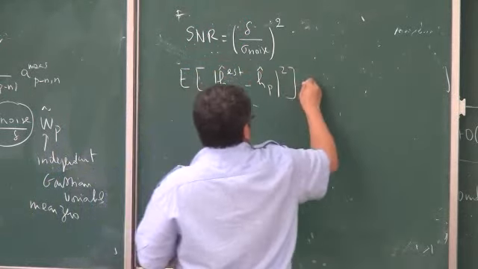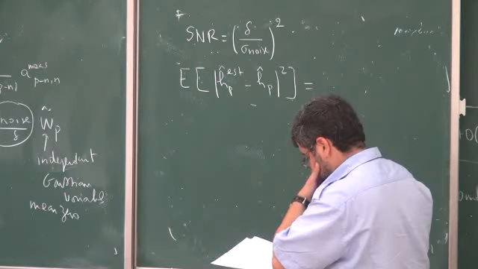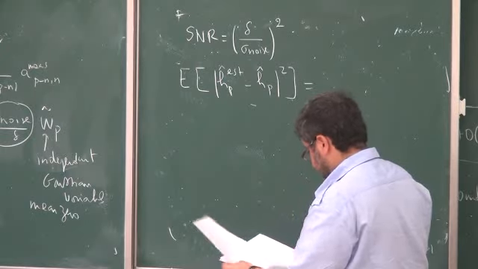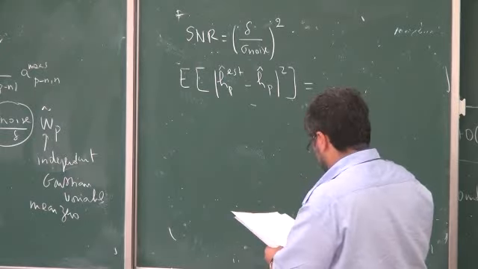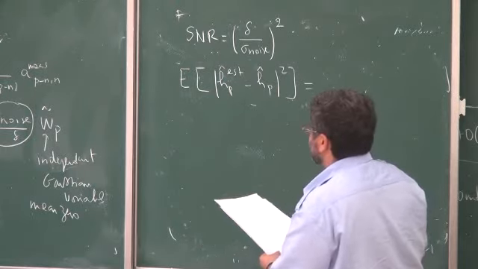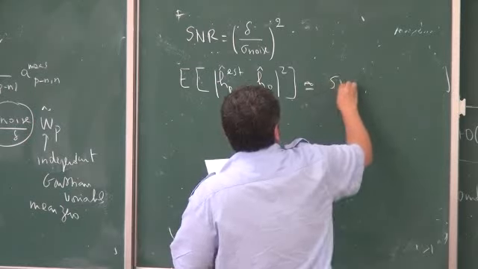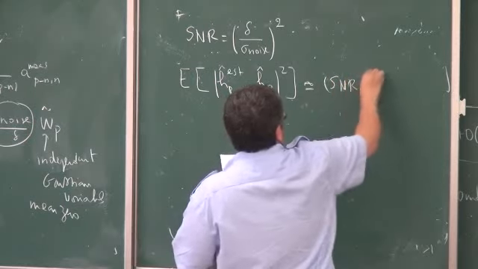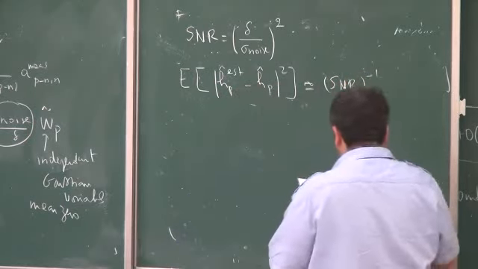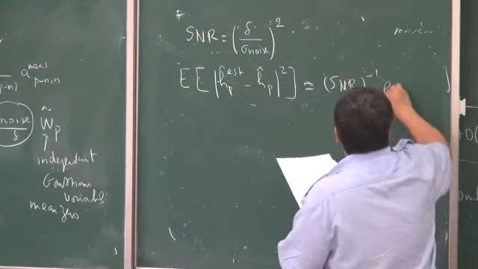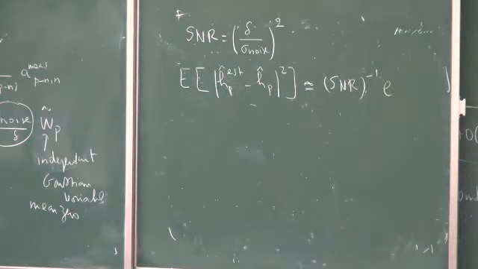If you compute the variance, actually it's almost the signal to noise ratio minus 1, I don't have the formula here, times exponential 2 kappa p.